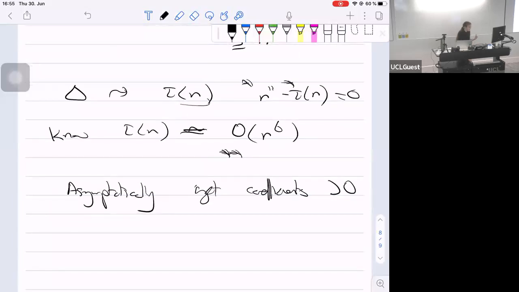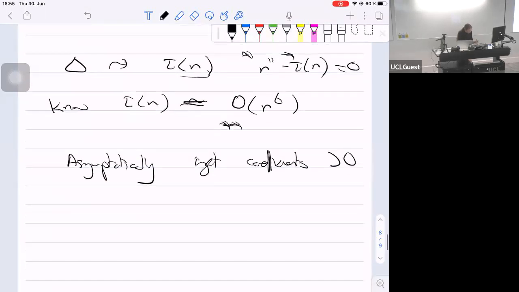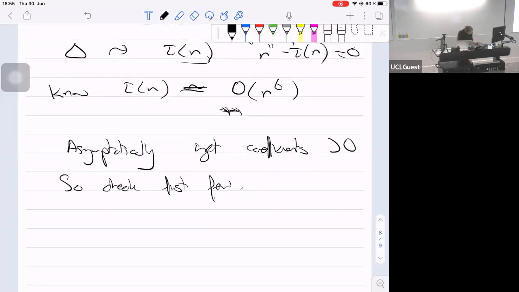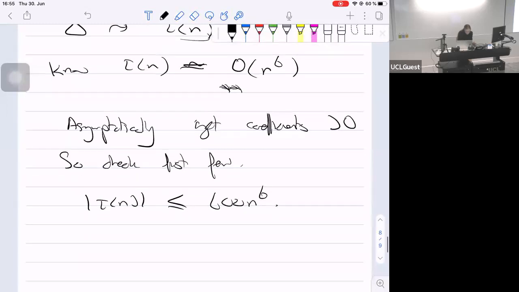And you only need to check the first few coefficients, for whatever few is, to see if any of them are 0 or non-zero, and then you will get the claim in the question. You should be able to prove something like an explicit bound of the form 600 times n to the 6, just from some rough working I did.